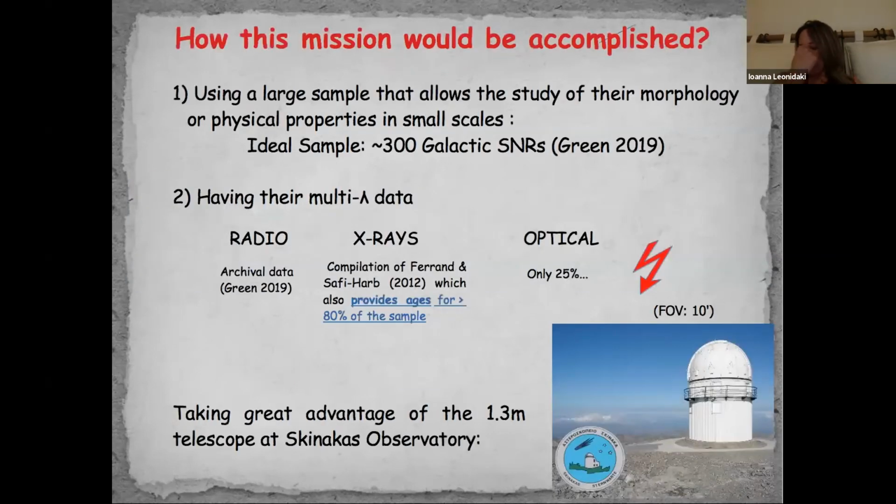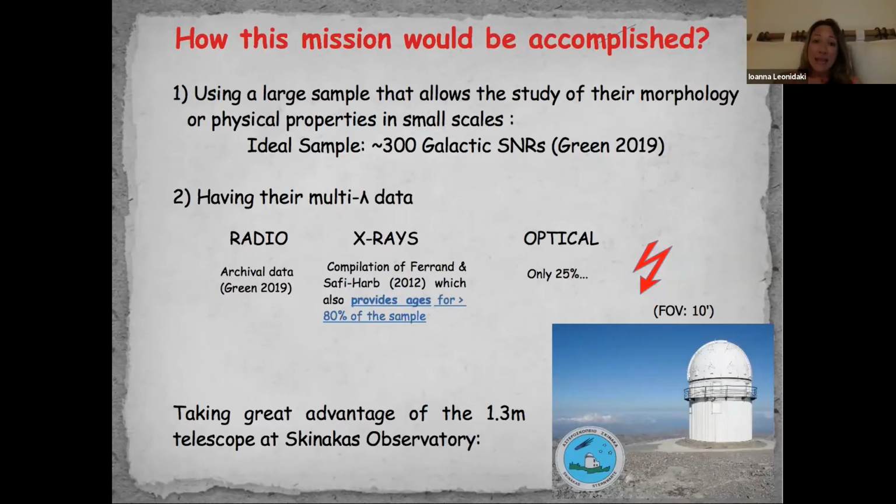So what would someone need in order to accomplish this? First of all, we need a large sample in order to have an adequate number of objects and to do our statistics. But it would be much better for these objects to be nearby, in order to be studied in great detail, to study their morphology and physical properties on small scales.